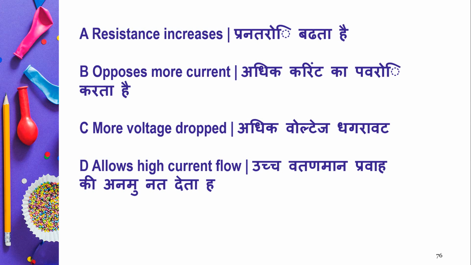If I increase the area of cross section, the current also increases because the current is directly proportional to the diameter. Therefore it allows high current flow. If you increase the diameter, the current flow will be high.